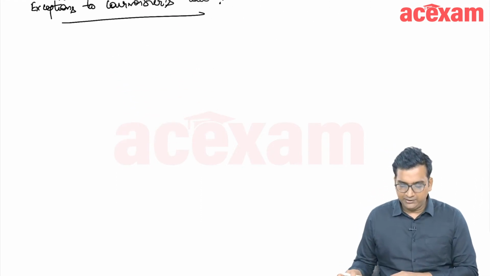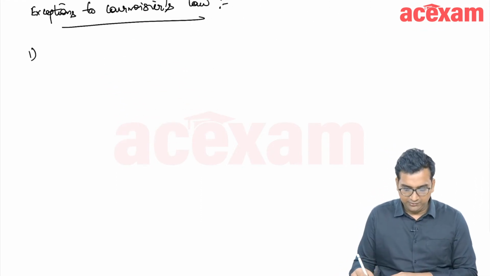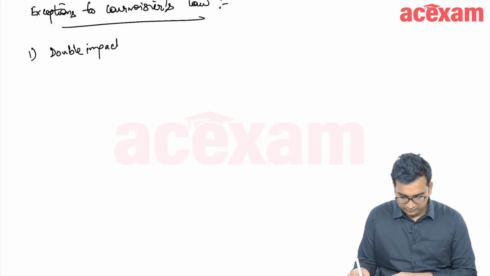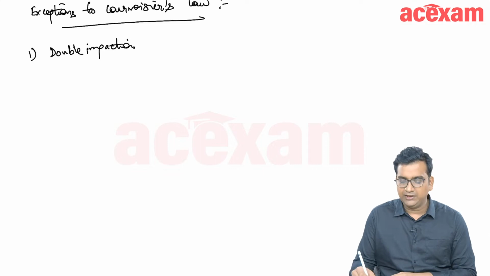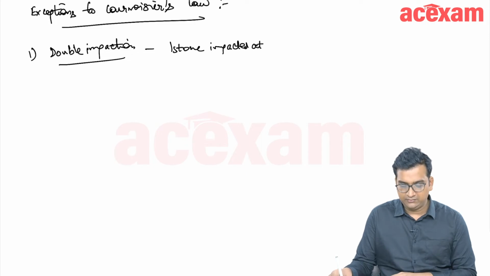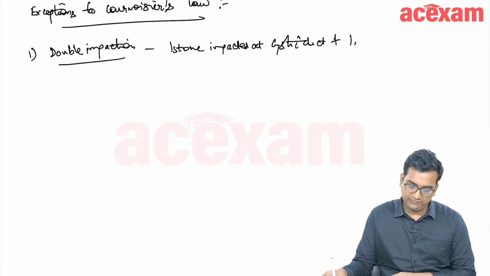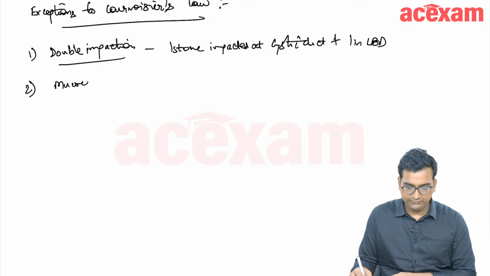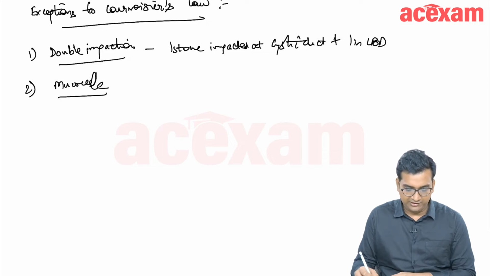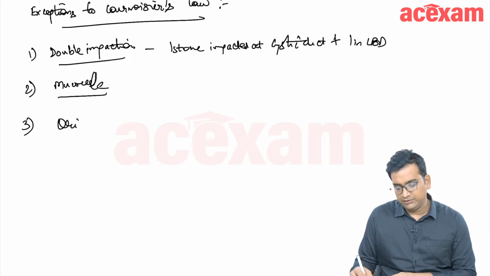So the exceptions are: number 1, double impaction, in which there is one stone impacted at cystic duct and one in CBD. Second is presence of mucocele, in which the gallbladder is palpable. Third is presence of oriental cholangiohepatitis.